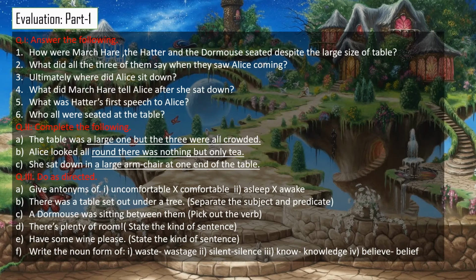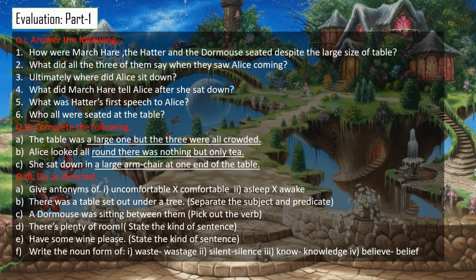Third, ultimately, where did Alice sit down? Answer: Alice sat down in a large armchair at one end of the table. Fourth, what did the March Hare tell Alice after she sat down? Answer: The March Hare told Alice to have some wine in an encouraging tone.